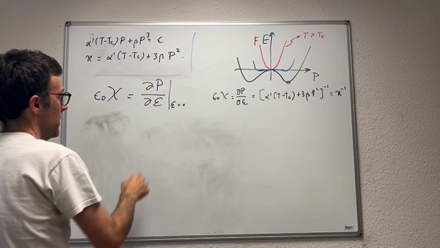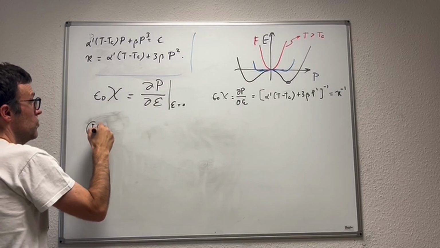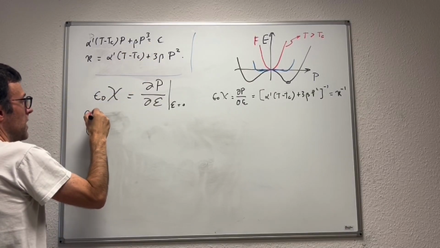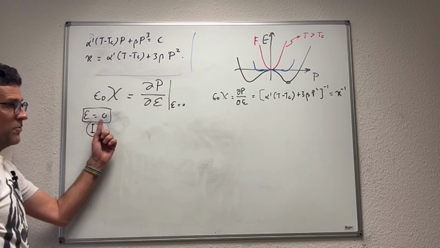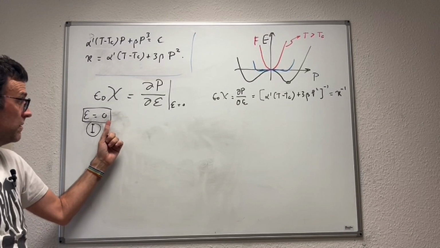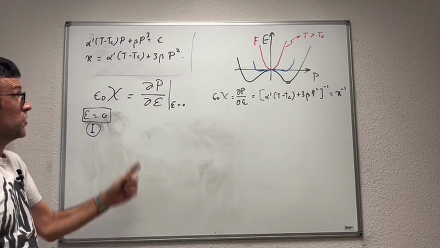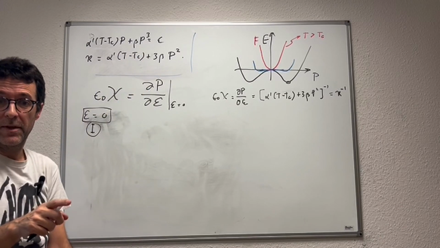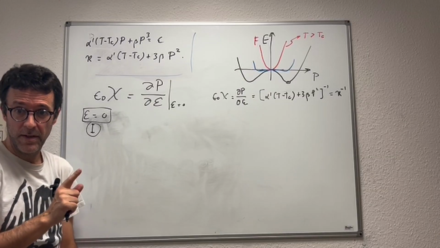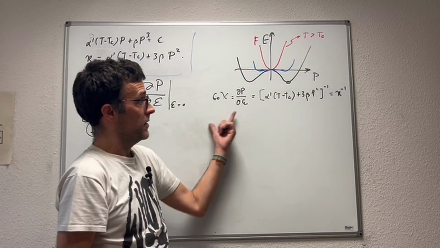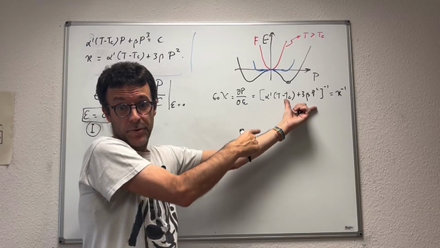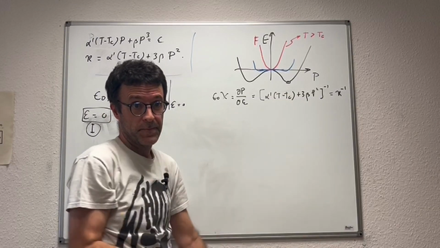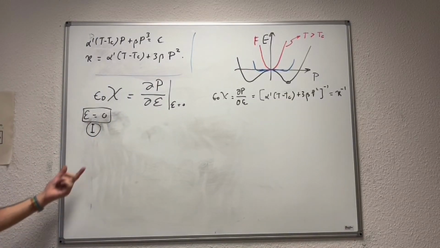We had two solutions at zero field. Here is where we are imposing zero electric field. Now we are going to look at the solutions of the equation of state at zero field, which are the ones that we have already discussed. And when we evaluate the susceptibility, it will therefore be the susceptibility at zero field.